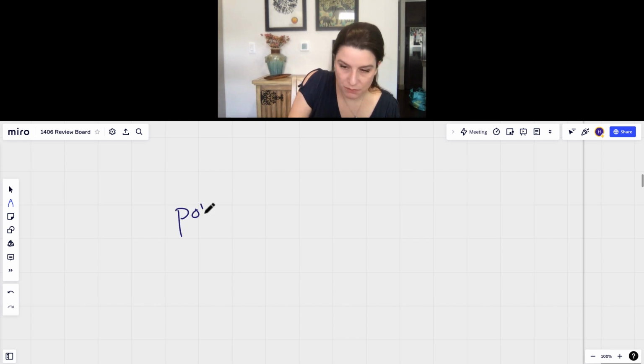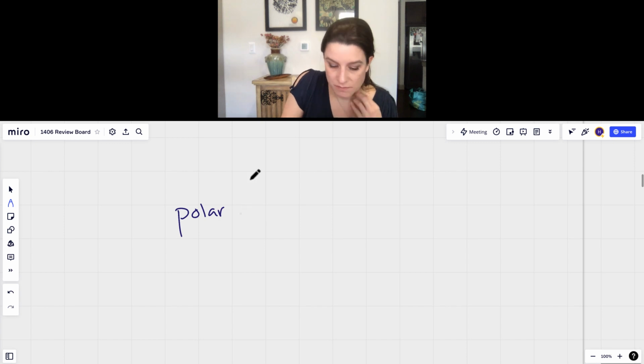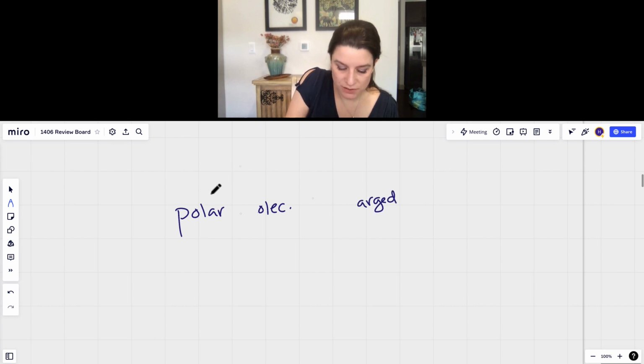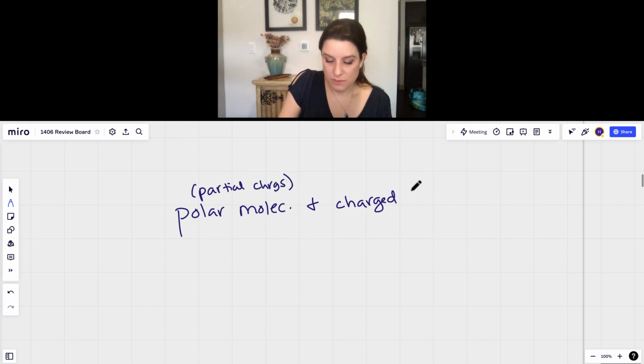So polar molecules and charged, so polar have partial charges. Molecules can have charged ions.